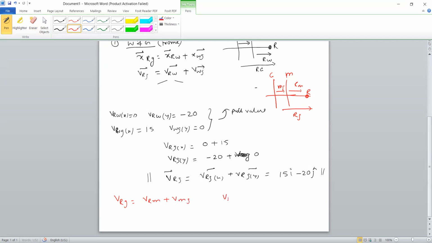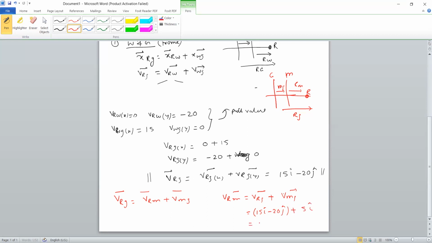Okay, so VRM, this is a velocity vector. VRM may be written as VRG minus VMG. Now, the velocity of rain to ground may be written as 15i minus 20j, and the velocity of man to ground is only 5i.